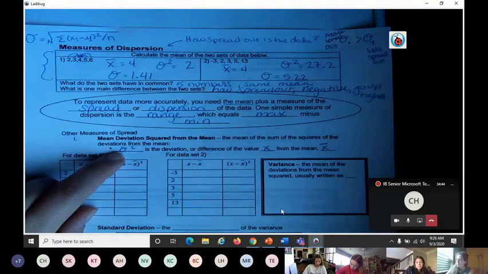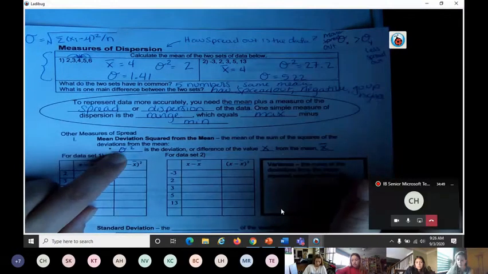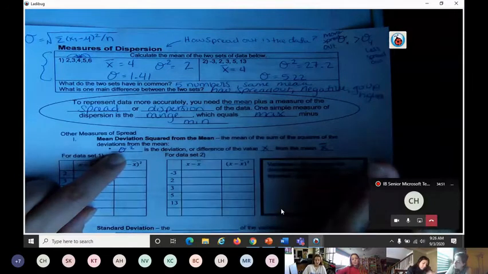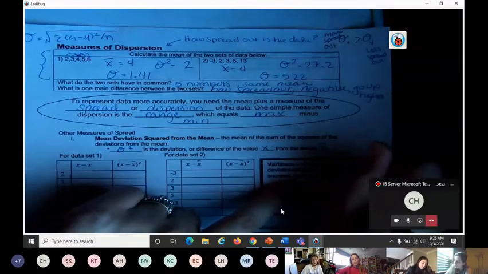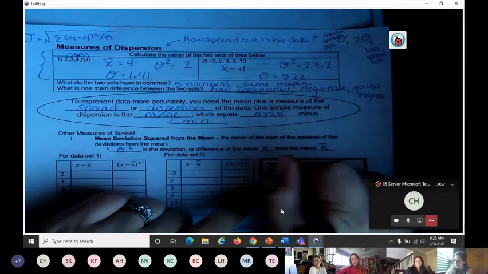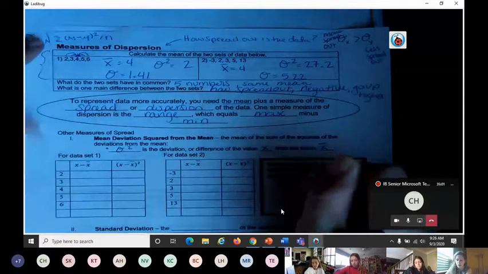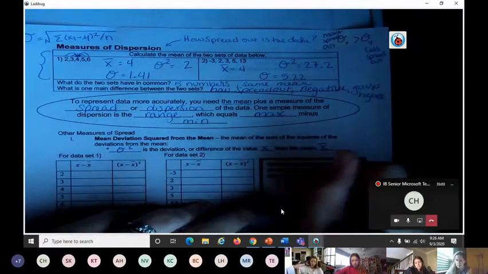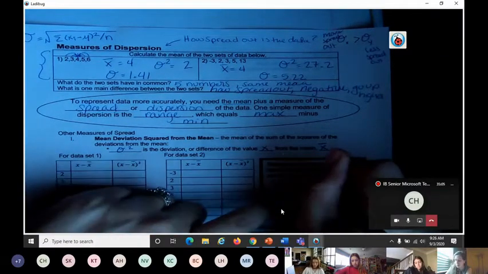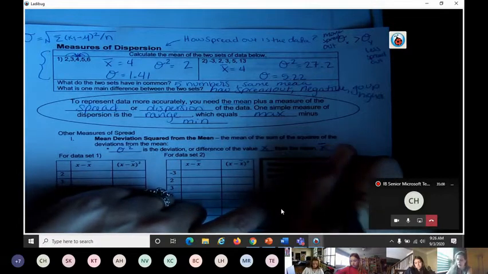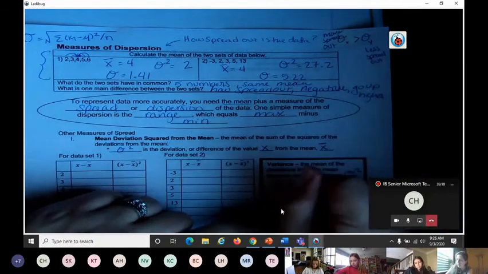And the variance, which is this weird symbol here, I'm sorry, without the square, this is the variance, is going to be the sum. This is what we wrote up at the very top. The sum of differences between each of the units and the mean, squared, all over n.